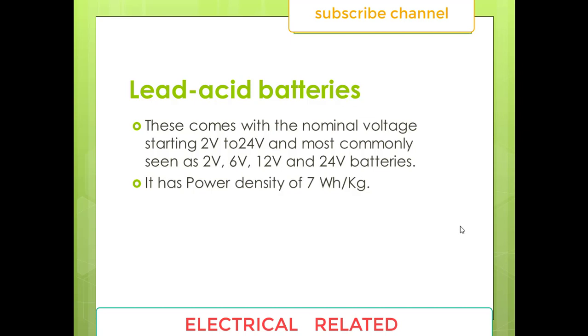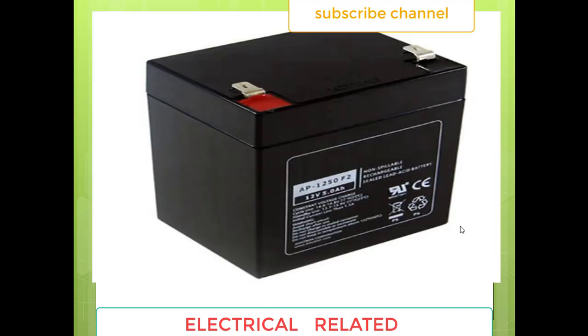That's why we prefer lithium ion batteries, because lithium ion batteries have much higher power densities as compared to lead acid batteries. Here is a random picture of lead acid batteries of 12 volt and 5 ampere.